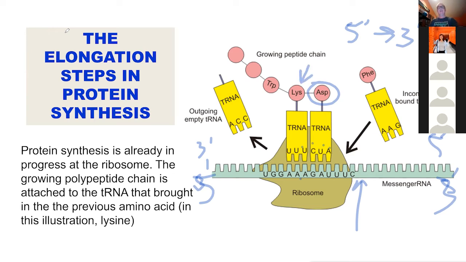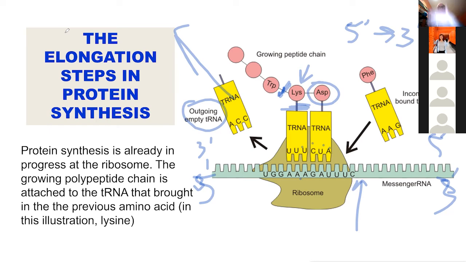And you can see that each time we add a new amino acid, we break this bond. The empty transfer RNA leaves, and we form a bond, a peptide bond, an amide bond there.